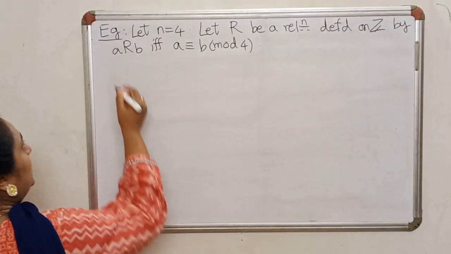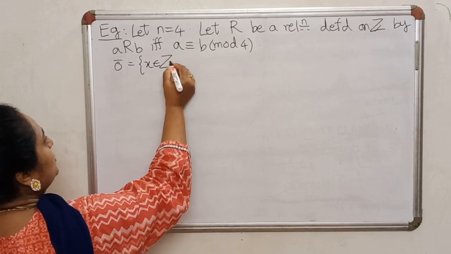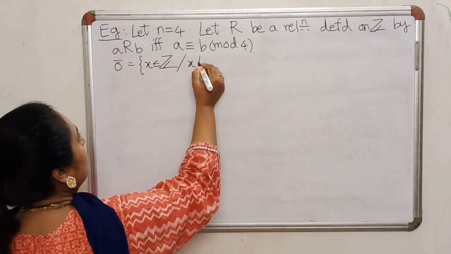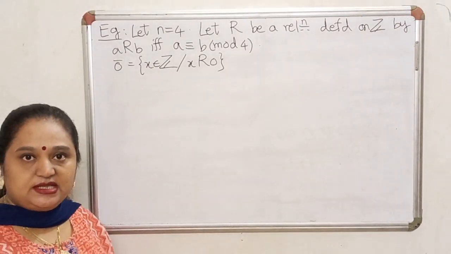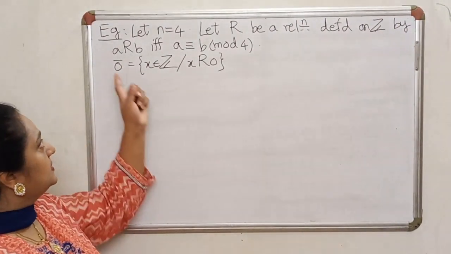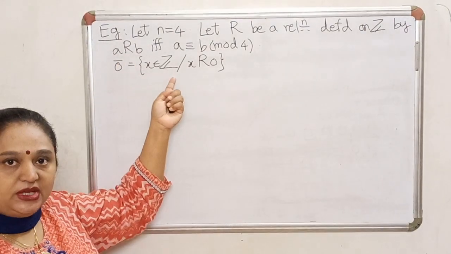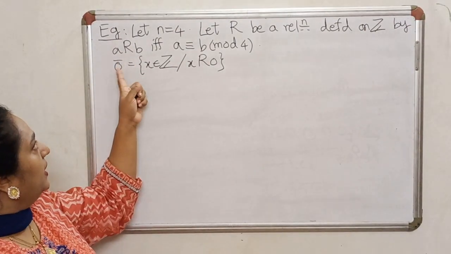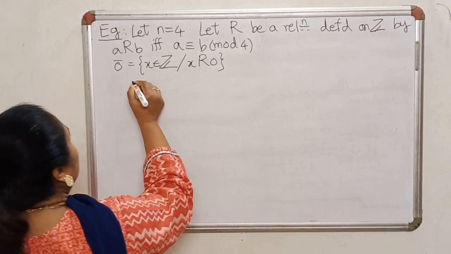So let's begin with the equivalence class of 0. Remember, it contains all elements which are related to 0. That's the definition of an equivalence class. The equivalence class of 0 will contain all the elements from the set which are specifically related to this element. So let's simplify that further.